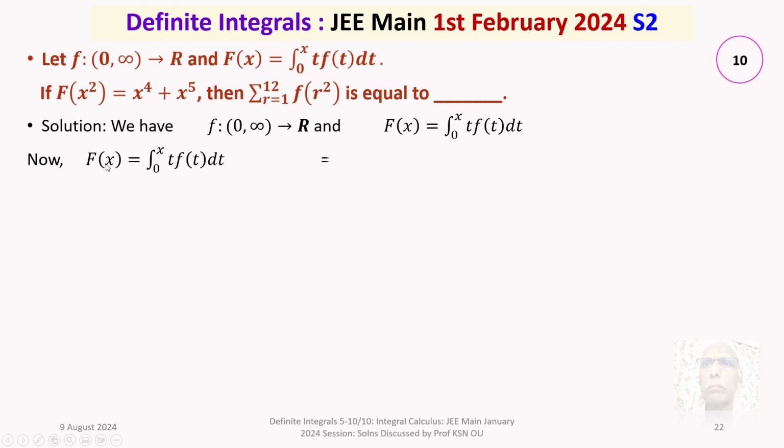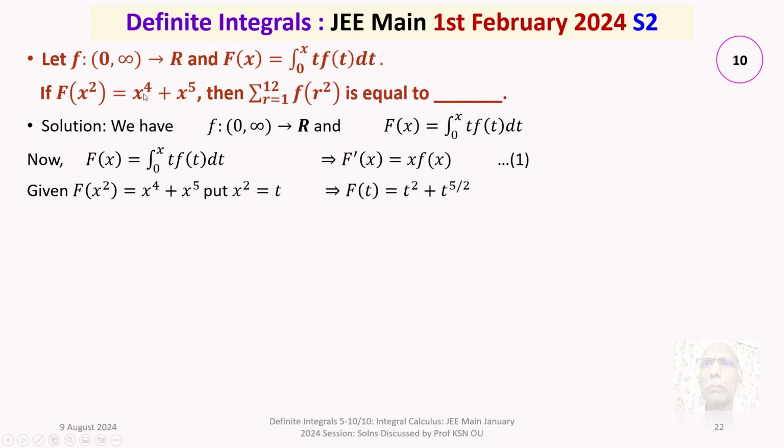Now, F of x is equal to integral 0 to x of t times f of t. Differentiate with respect to x, then the derivative of capital F of x, F prime x, is equal to x times small f of x. Call it equation 1. Given F of x square is equal to x to the power of 4 plus x to the power of 5.